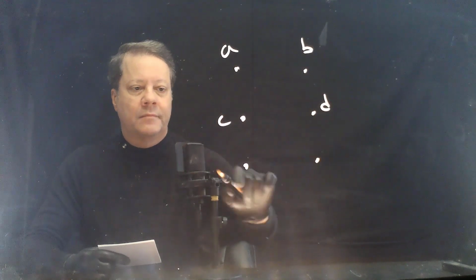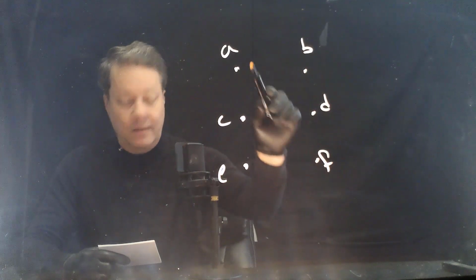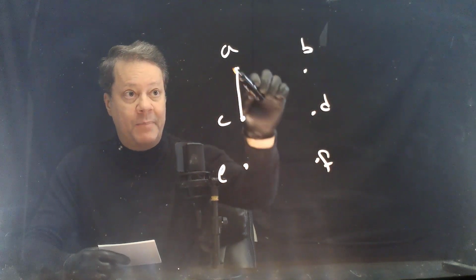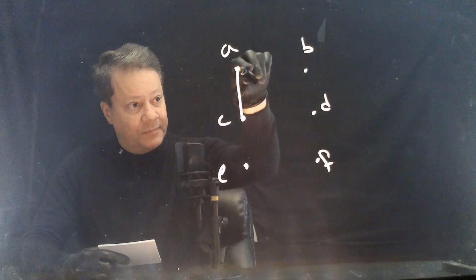Some graphs may look like they have a simple circuit, but maybe they don't. Let me give you an example. A, B, C, D, E, F. So we're going to have C be pendant off of A here.